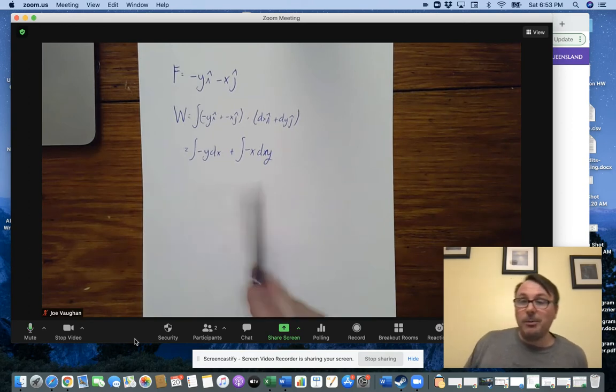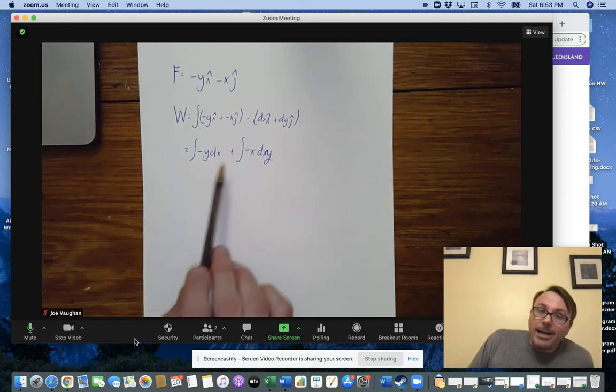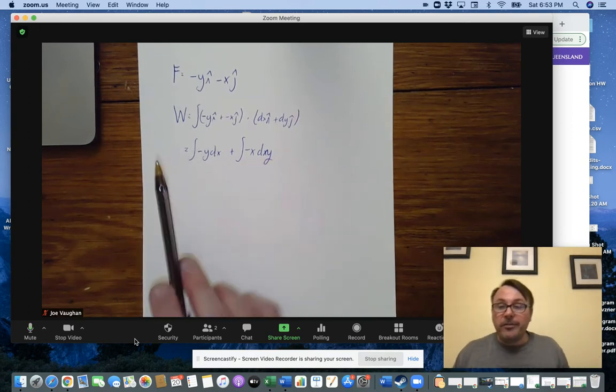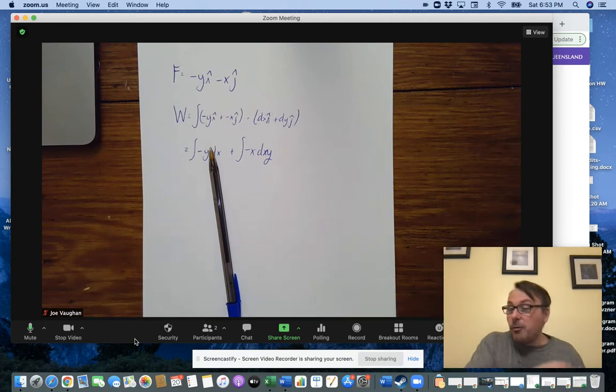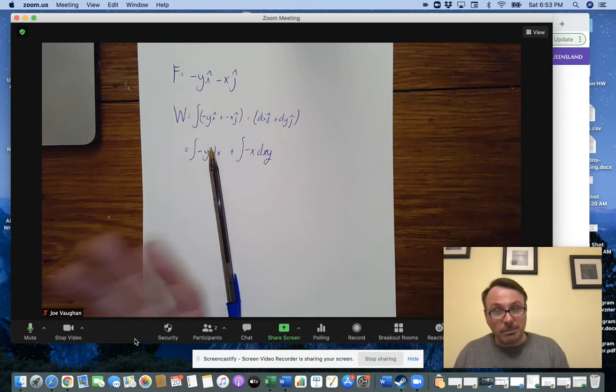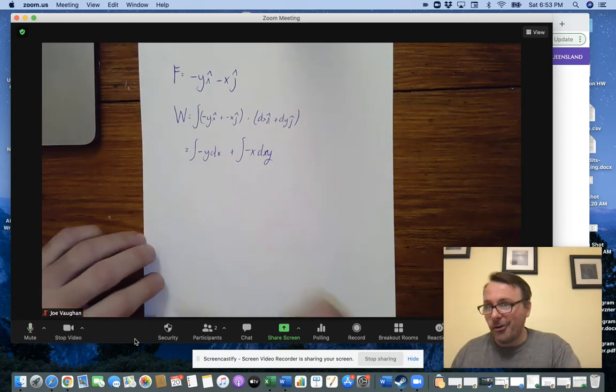Oof, this is going to be a little bit more complicated because I've got y's with my x's and x's with my y's. So I'm going to need to do some transformation work and really use the paths in this case, right? The last one, I didn't really use the paths all that much, which made sense since it was a conservative force because the path didn't matter. I wonder here where mathematically we're going to need to use the paths, whether that same result occurs.